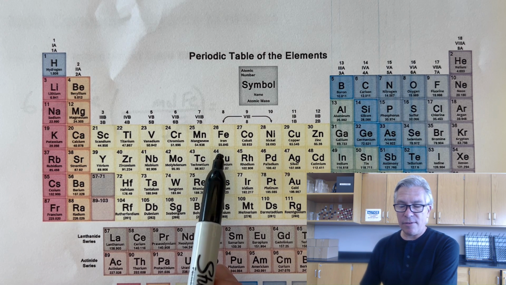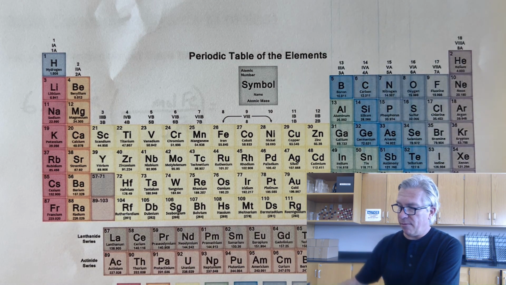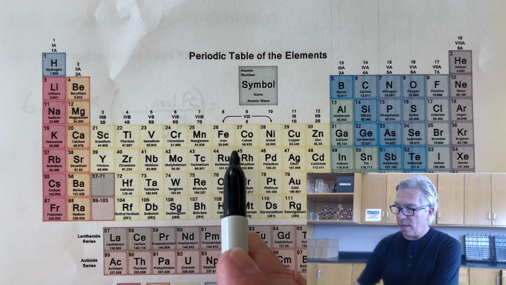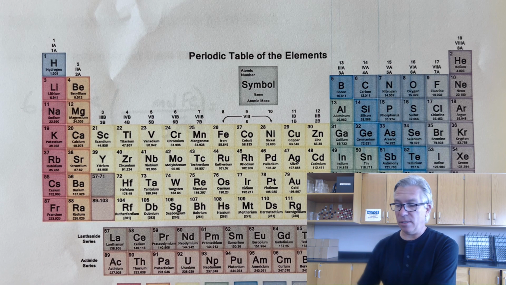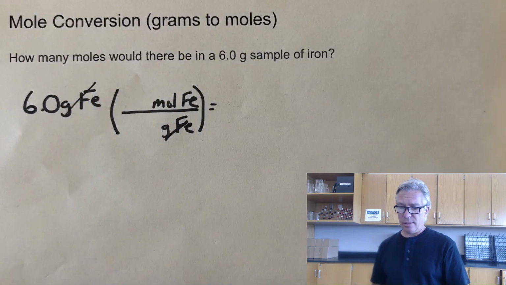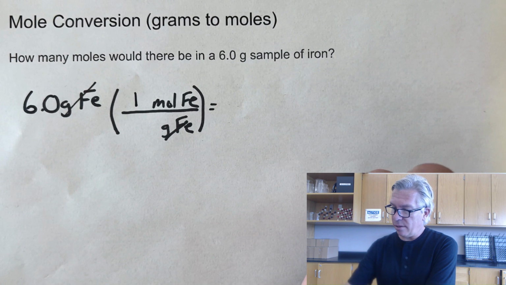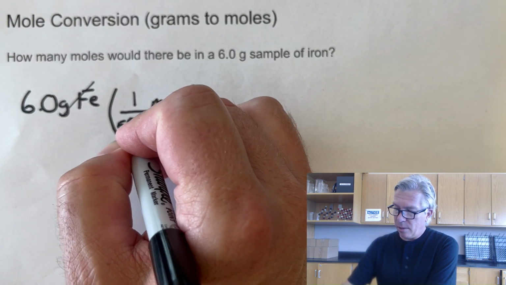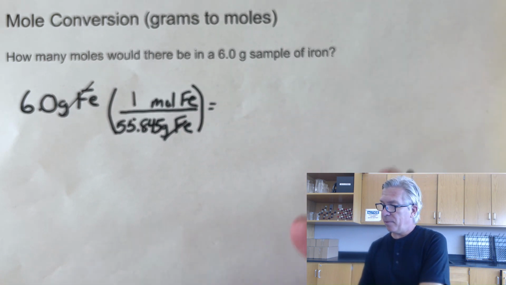If you can read that, 55.845 is the number. For every element, that number represents the number of grams it would take to have a mole of that substance. Every element is unique. Don't try to memorize them, just go find them. Once you find them, you can say, okay, 1 mole of iron is going to weigh 55.845 grams.